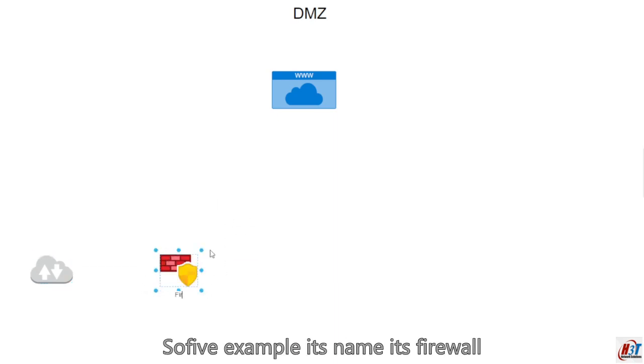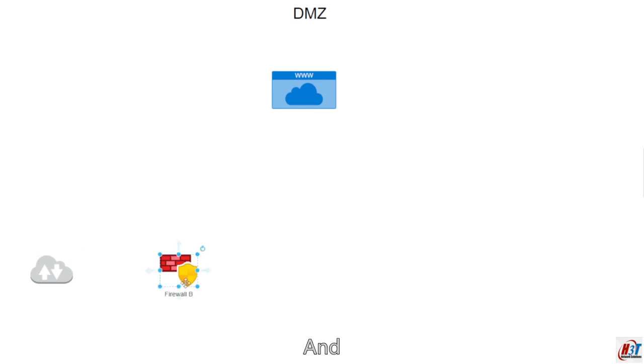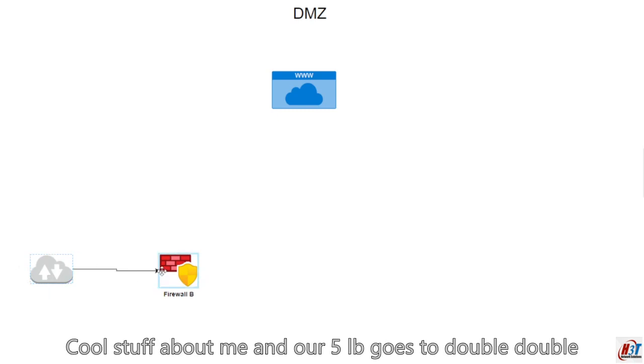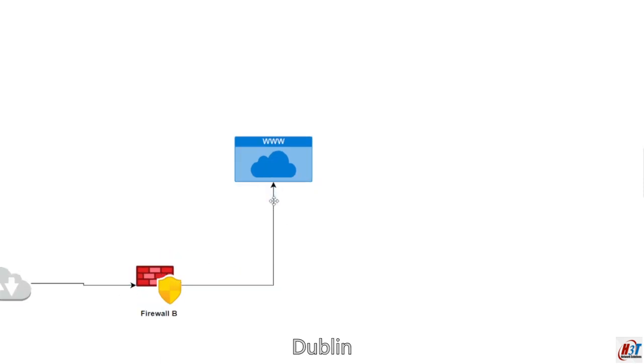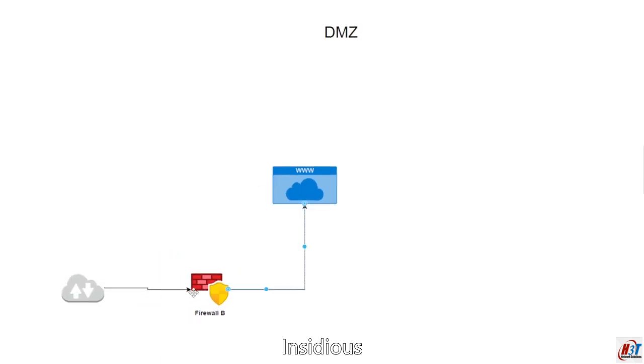Let's name it firewall B. So this goes to firewall B, and our firewall B goes to www here, as you can see.